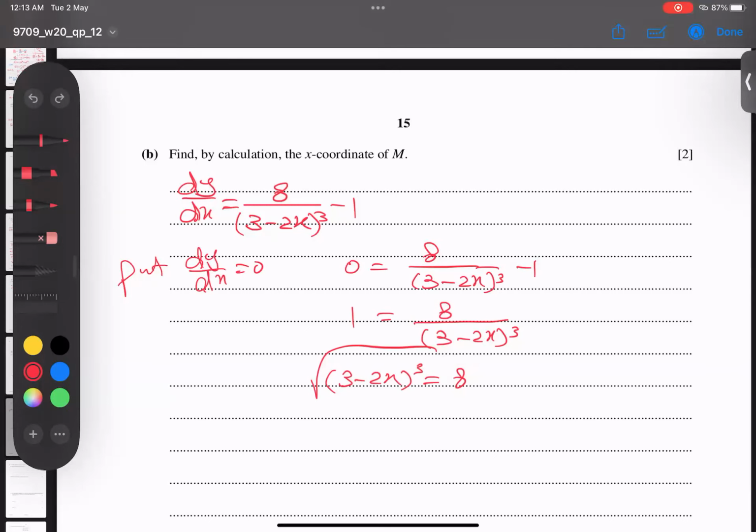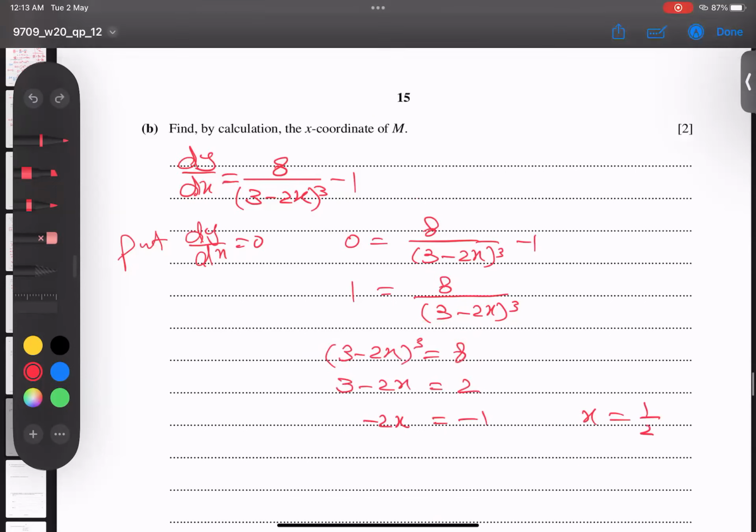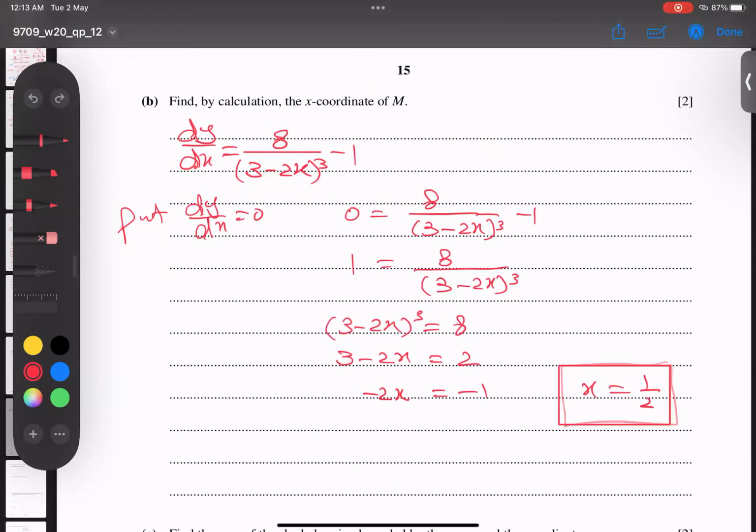What will happen, students? So I get 3 minus 2x equals the cube root of 8, which is 2. Okay, so now I get -1, -2x, and x becomes 1 over 2. He is asking for the x coordinate only. So Alhamdulillah Rabbil Alameen, I hope it is clear.